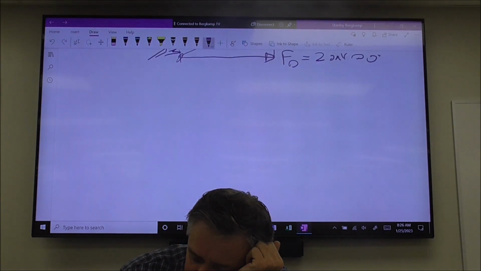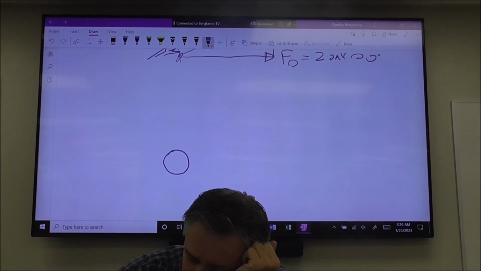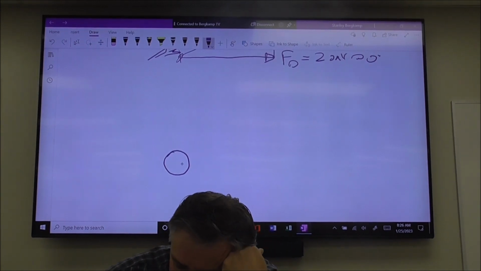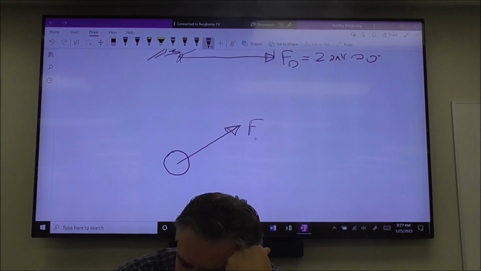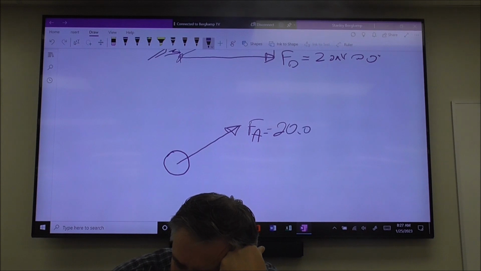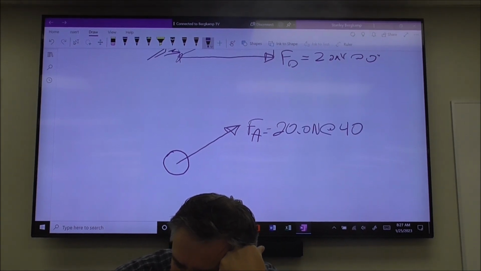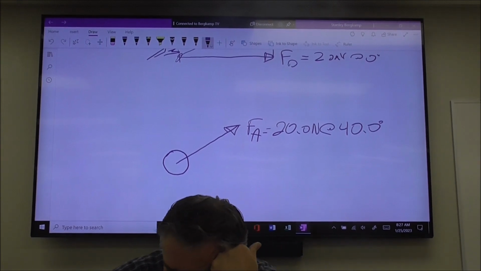So go back to the soccer analogy. All right? So here's the soccer ball. Alexis is going to kick the ball with the force of 20 newtons at an angle of 40 degrees.